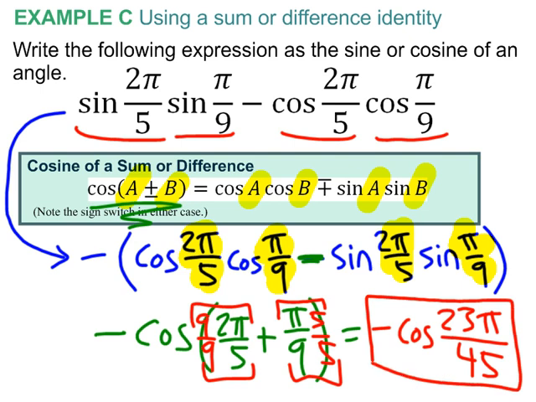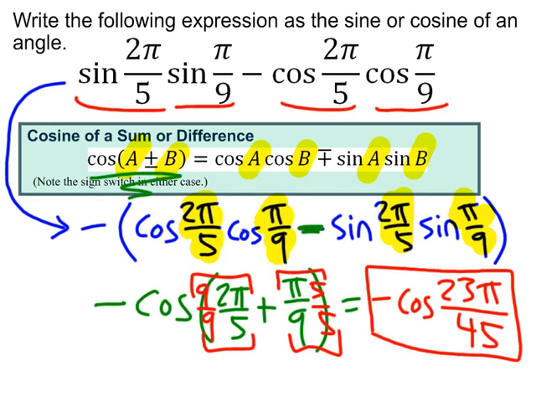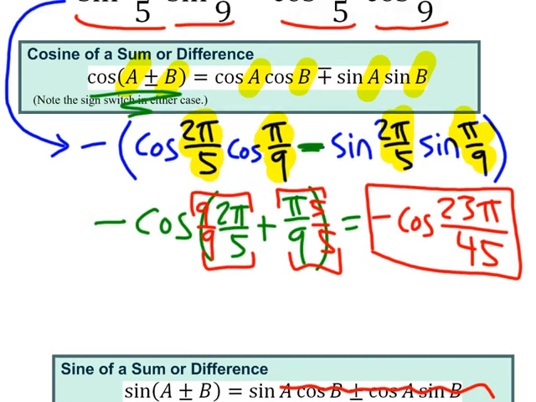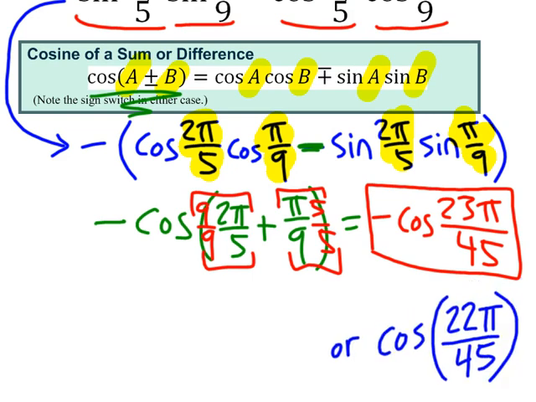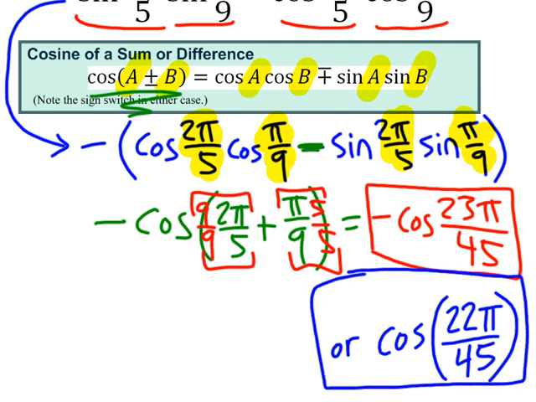For those who are really slick and interested in a challenge, I'll ask you to consider why this is also a possible solution. So again, if you're up for a challenge, see if you can determine why the negative cosine of 23 pi over 45 is equal to positive cosine of 22 pi over 45.